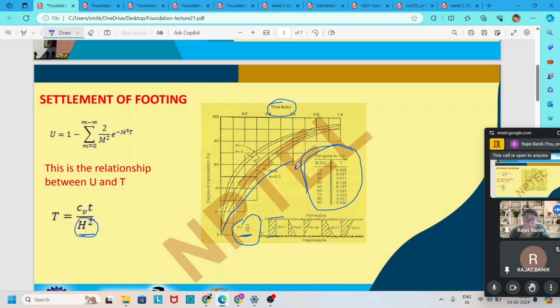For different m, like m equal to 0.5, m equal to 0, m equal to infinity, the curve of degree of consolidation percent versus time factor will also vary.